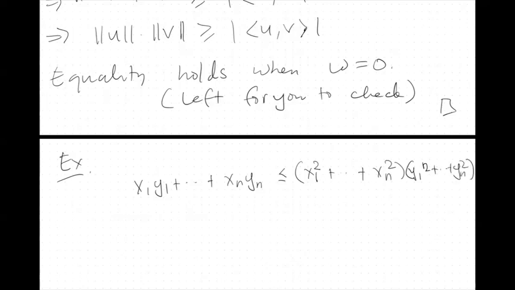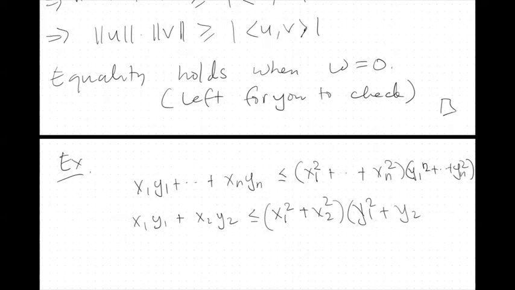So for example, if we have only two terms, x1 y1 plus x2 y2 is less than or equal to the square root of x1 squared plus x2 squared times the square root of y1 squared plus y2 squared.